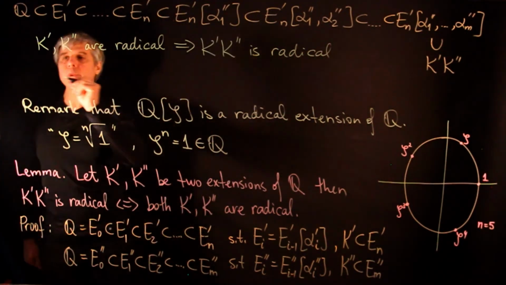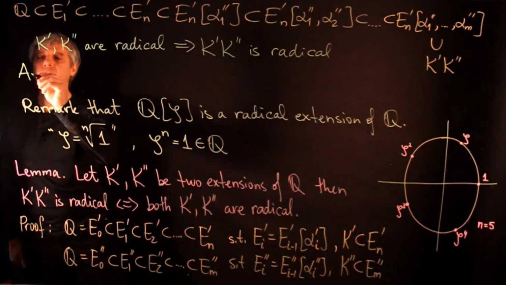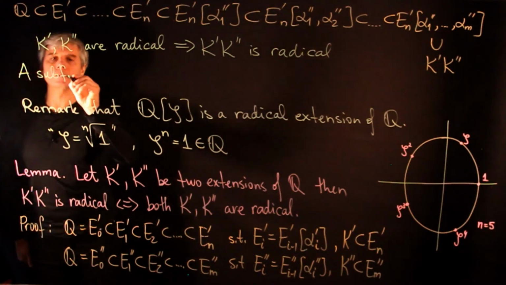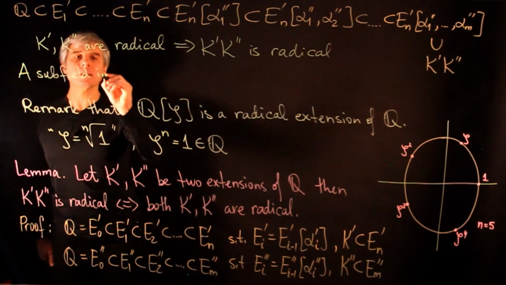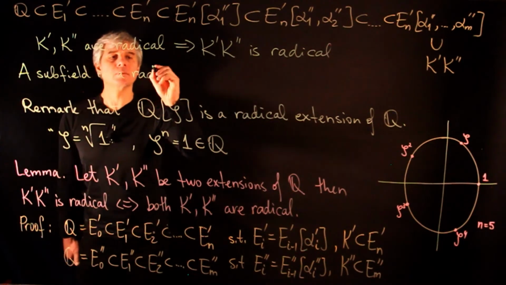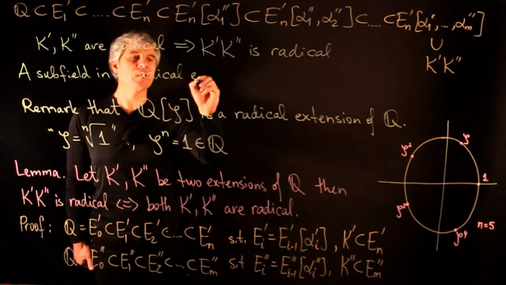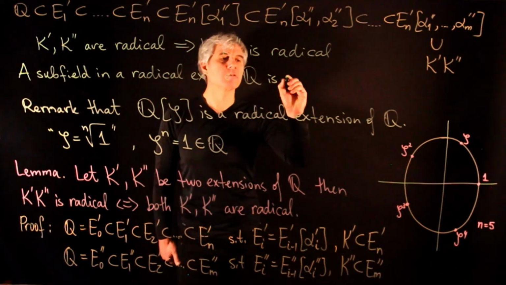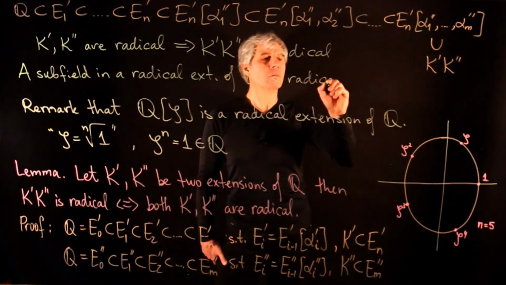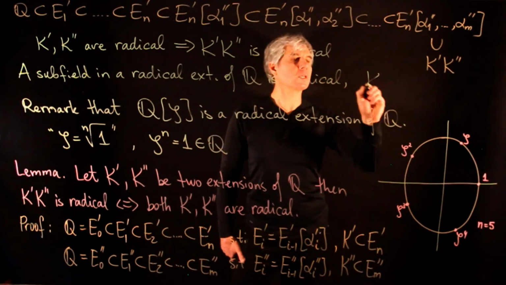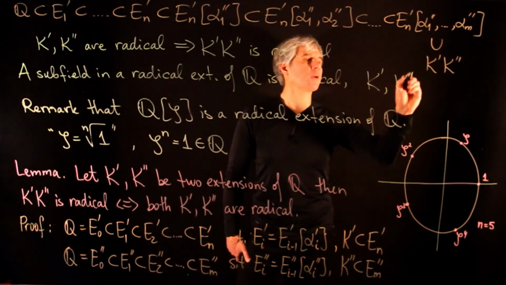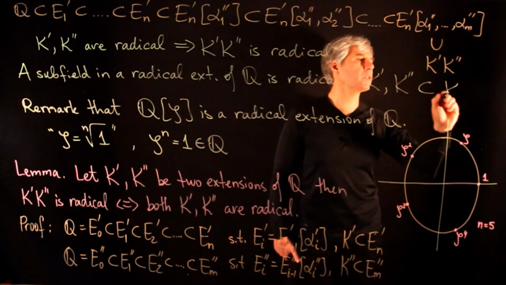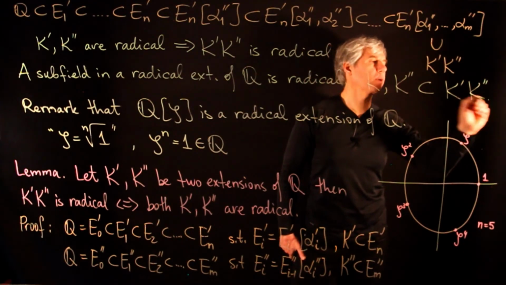For the converse, we note that a subfield in a radical extension of Q is radical. And of course, K prime and K double prime are both subfields in the product K prime times K double prime.